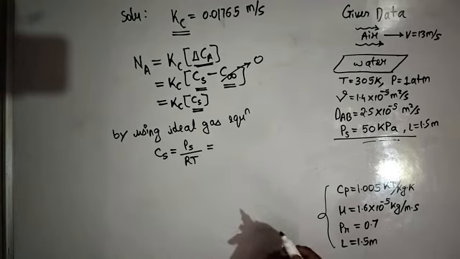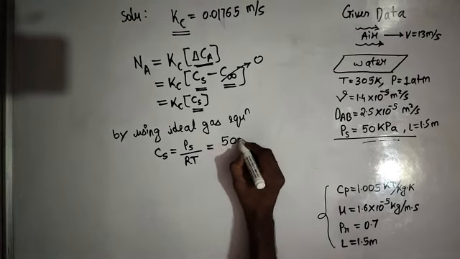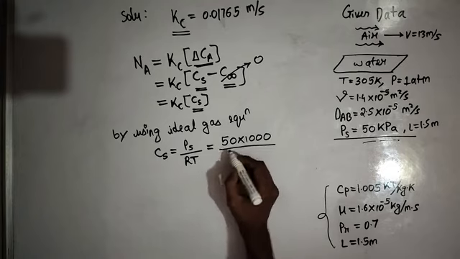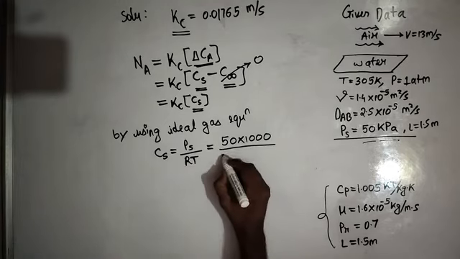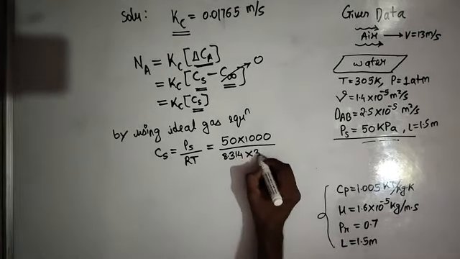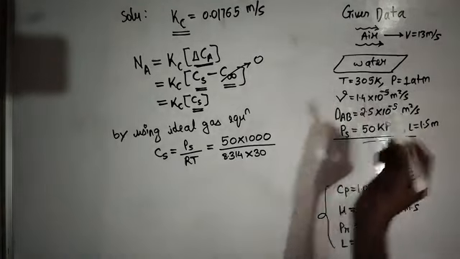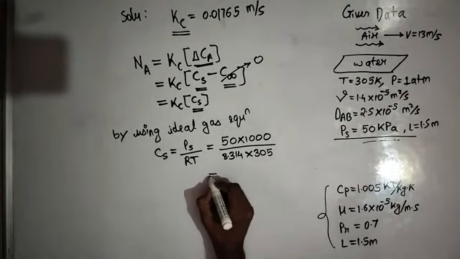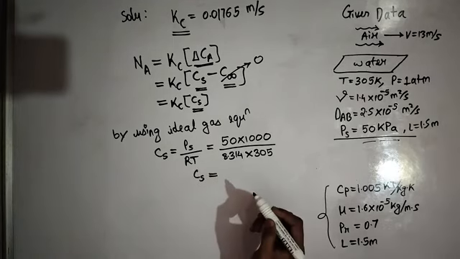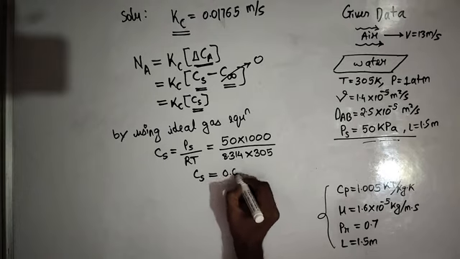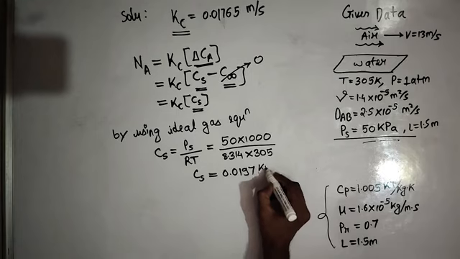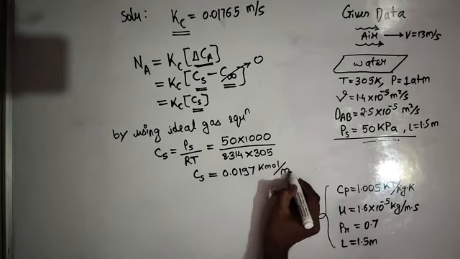So here the partial pressure of water is 50 into 1000 pascals upon R, the constant, 8.314, into temperature, which is 305 Kelvin. From this we have calculated the value of Cs, which comes out to be 0.0197 kilomole per meter cube.